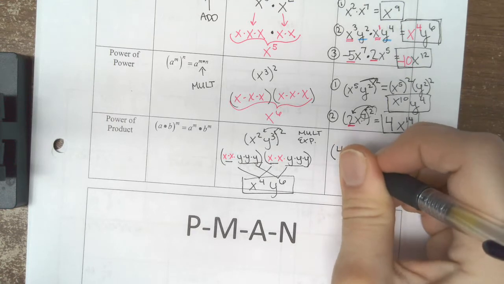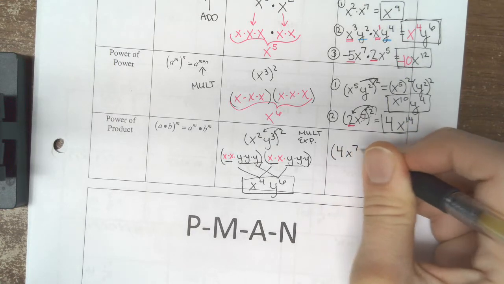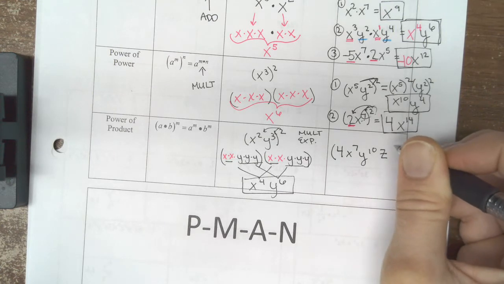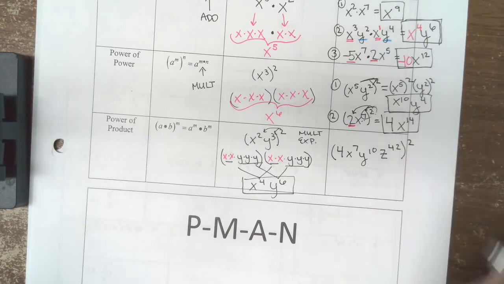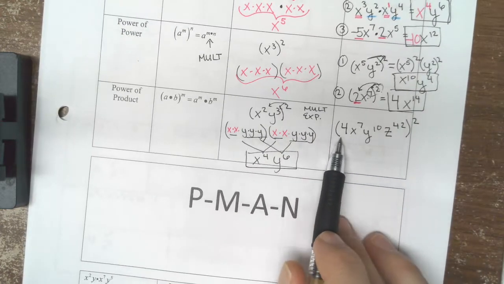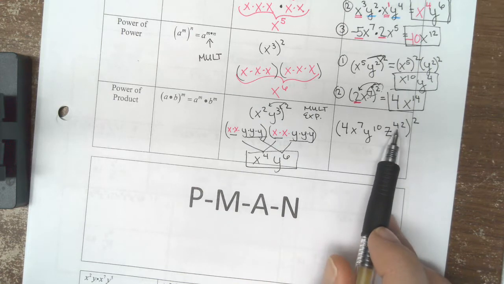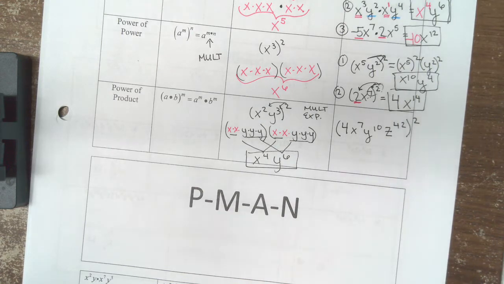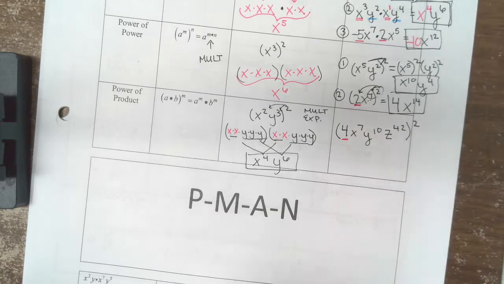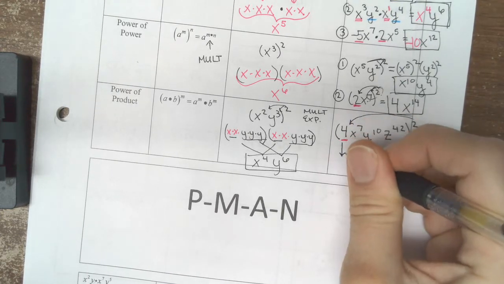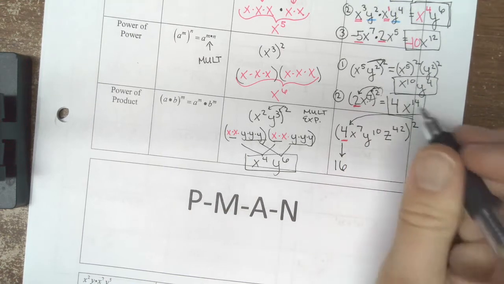So let's give you a doozy of an example here. And this is why we don't always want to expand to figure out what the answer is. So here I have 4x to the 7th, y to the 10th, z to the 42nd, squared. So reminder, this integer is going to act the way that integer has always acted. So 4 squared is still just 16.